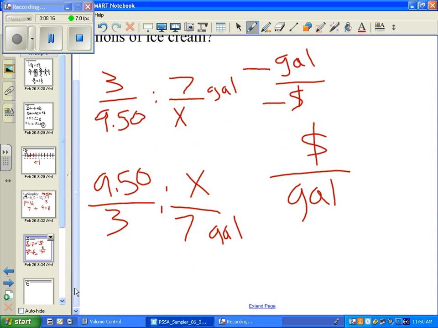Now, why doesn't it make any difference whether you have them on top or bottom? As long as you have it set up exactly the same way. Money on the top, gallons on the bottom, or gallons on top with money on the bottom, you get the same result. And the reason is, if you cross multiply here, you're going to get 3 times x equals some money.